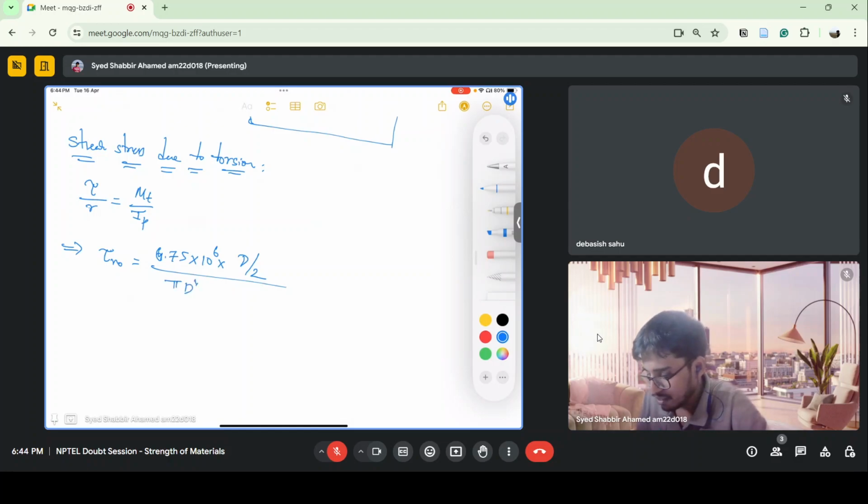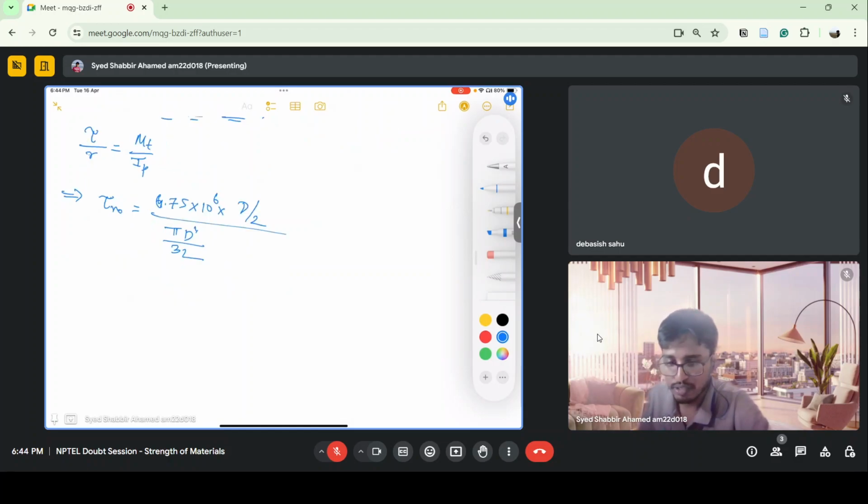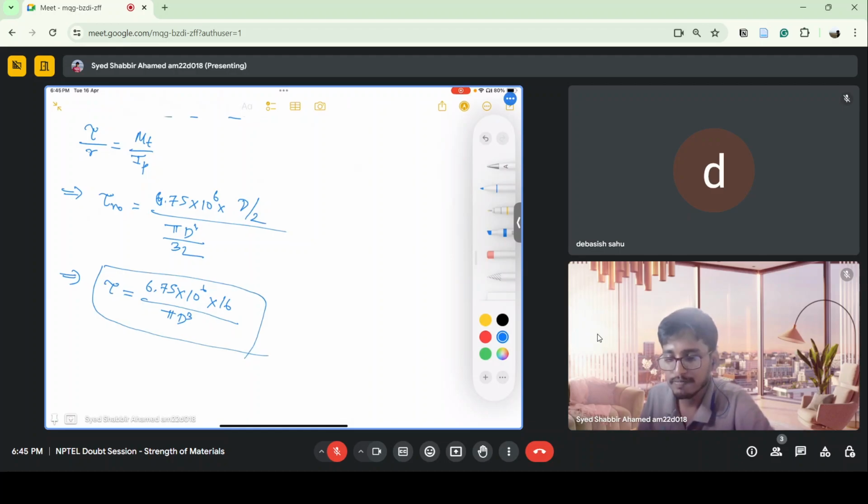Here the polar moment of inertia is pi d power 4 by 32 instead of 64, because this is the polar moment of inertia. So I'll get shear stress as 6.75 into 10 to the power of 6 into 16, divided by pi d cubed. This is my shear stress.